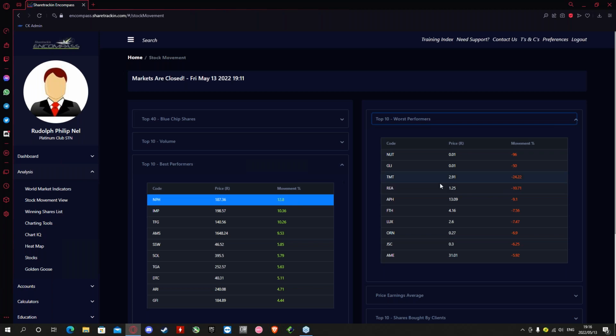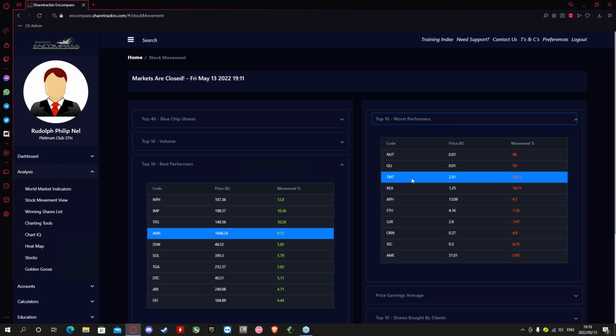And then if we look at the right hand side one, this one isn't sorted like the left hand side one, but for instance, TMT was the worst share for the day, which fell by 24.22%, with a price of 2.91. Okay, sorry, even this one, Nutritional Holdings, was even worse. I think it traded at 2 cents and just fell down to 1 cent.